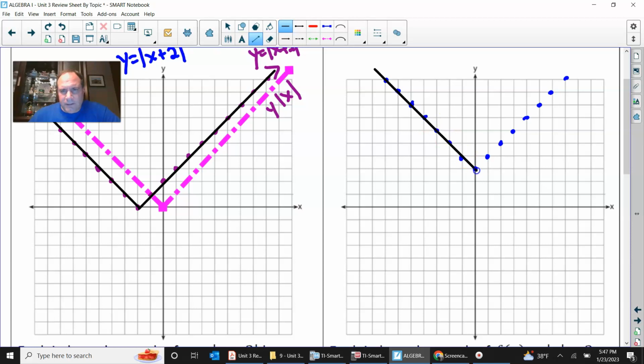Right here, connect those points. And remember to put arrows just like that. And this is y equals the absolute value of x plus 3.